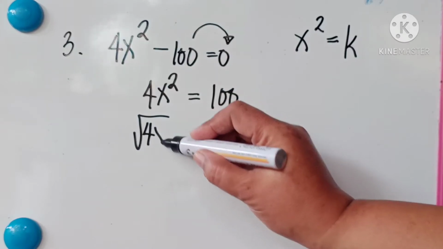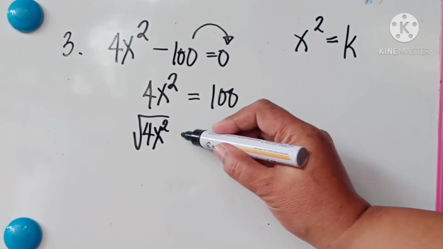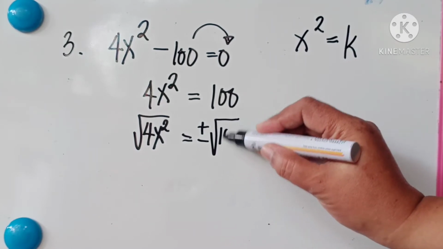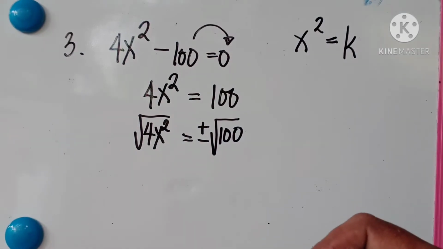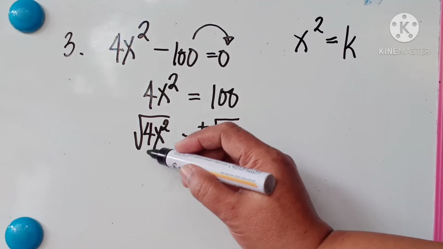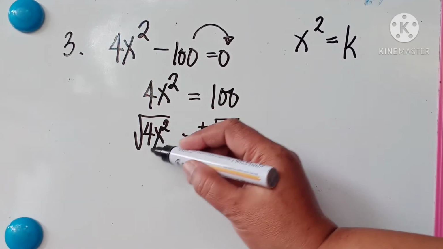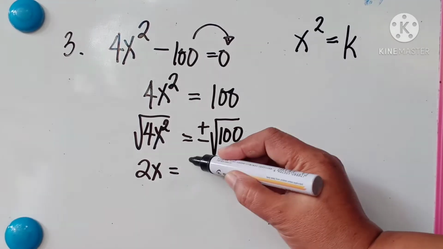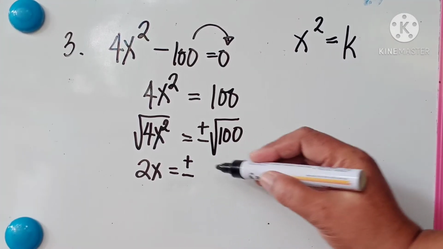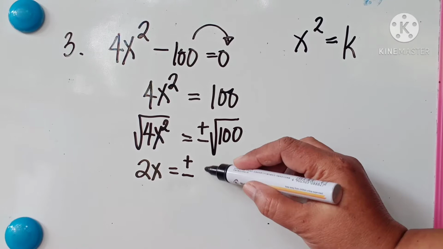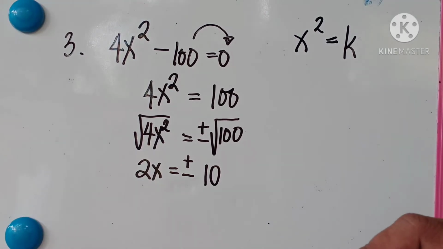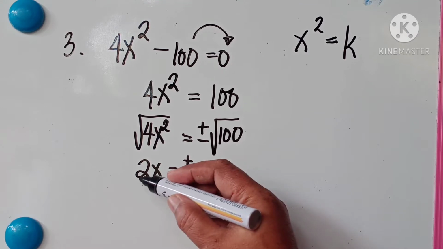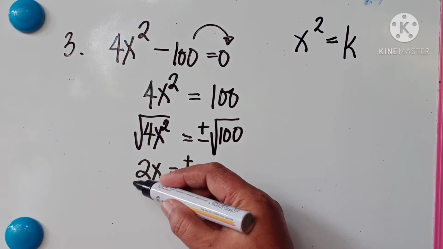So, we have square root of 4x squared then equal to positive negative square root of 100. Then, extract the square root. So, the square root of 4x squared is 2x. Then, equal to positive negative square root of 100 is 10. Then, since the coefficient of x is greater than 1, kailangang maging 1 yan.